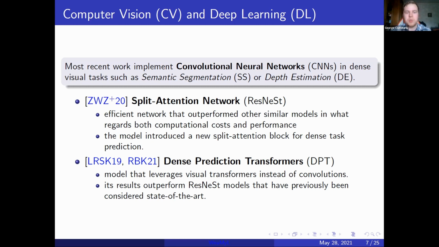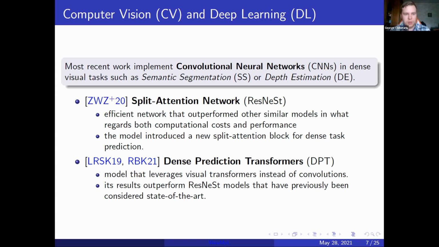So in our experiments, we've worked with the dense prediction transformers, or DPT, which is the current state of the art in computer vision for semantic segmentation and depth estimation. This is a direct improvement of its predecessor, the ResNeSt, which is related to the ResNet, which is a class of neural networks that are used as backbones for multiple deep learning networks today.